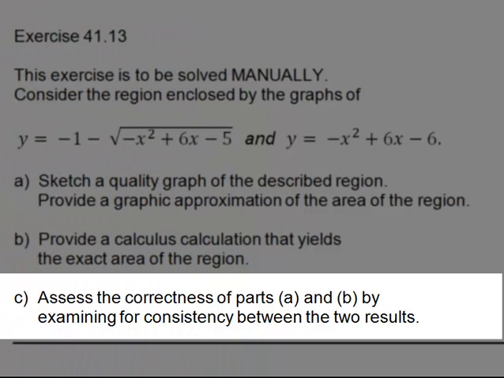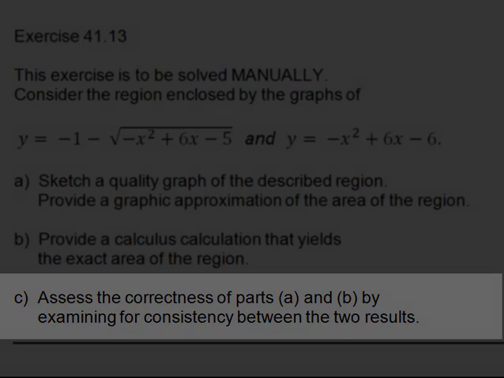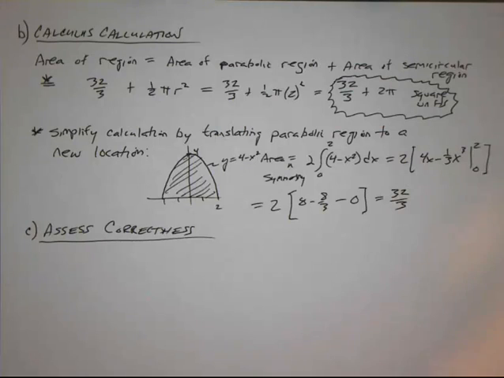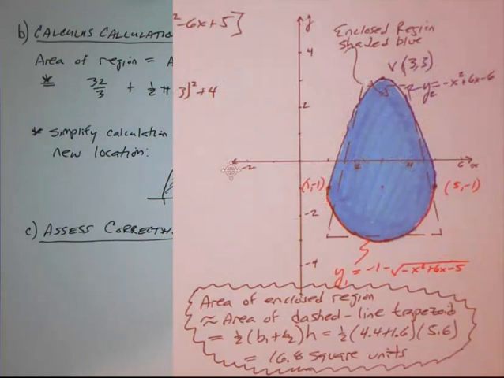Part C. Assess the correctness of parts A and B by examining for a consistency between the two results. To assess our correctness, let's take a review of our graphic approximation, which we said was 16.8 square units. Probably should have rounded that to 17 square units.